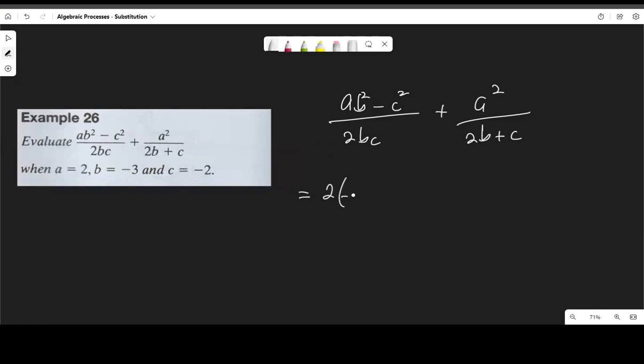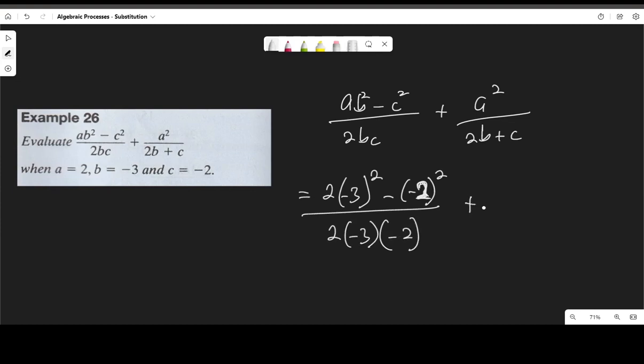B is -3, -3 squared, minus c is -2, -2 squared, all over 2 times b is -3 and c is -2, and plus a is 2 squared over 2 times -3 times b plus c, which is -2.